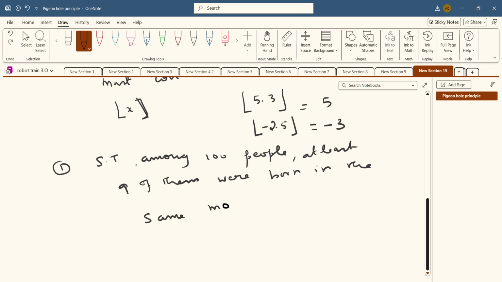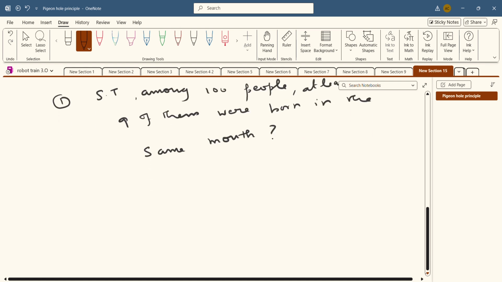I repeat once again: show that among the 100 people, at least 9 of them were born in the same month.